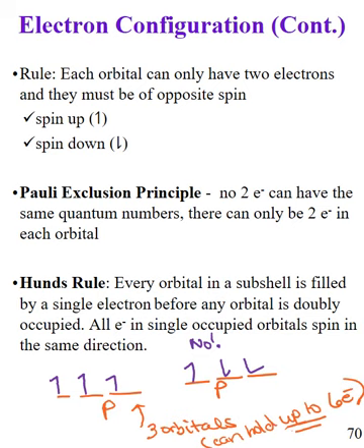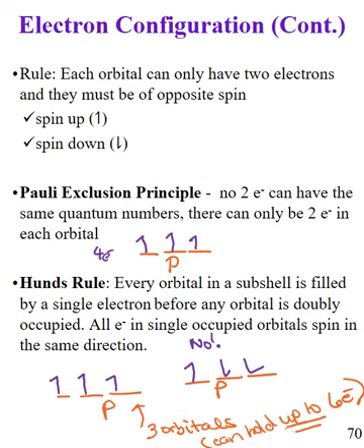Okay, and then the other part that it's talking about, I'll draw it here. So let's say you have your p orbital, but let's say we have 4 electrons in there. So you fill each orbital first. So one electron in the first, second, third.